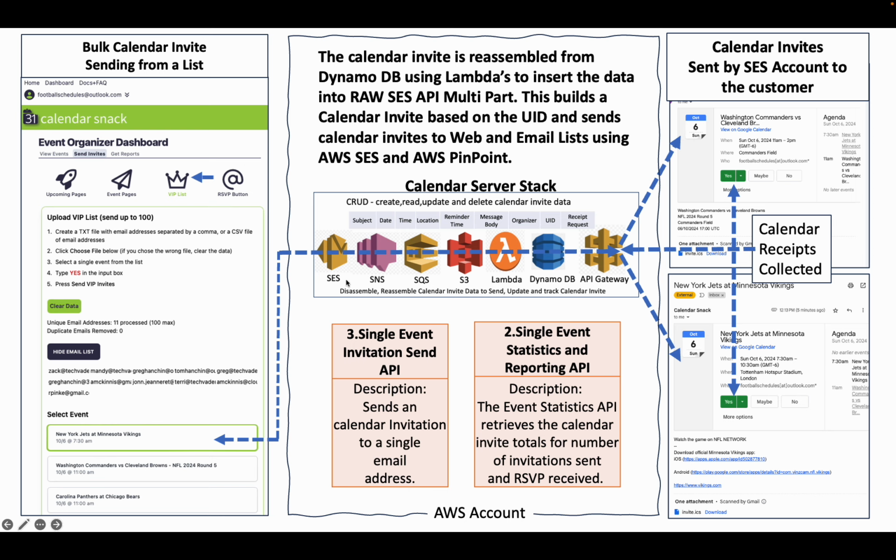And it's hitting SES, the Simple Email Service by AWS, and it's going into our database we've built here on Dynamo. That particular database is for the calendar invite UID and a few more things. And we are building it in the raw, right on the fly, using the multi-part API from AWS. It sends it out, and then we collect the receipts on it, and then we run it through an analyzer we've built in Lambda to look at the data.